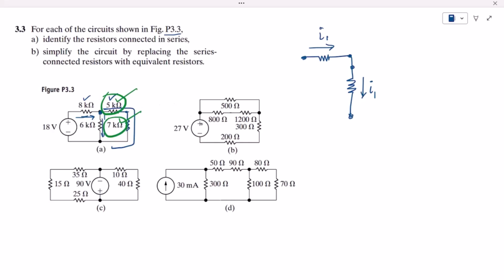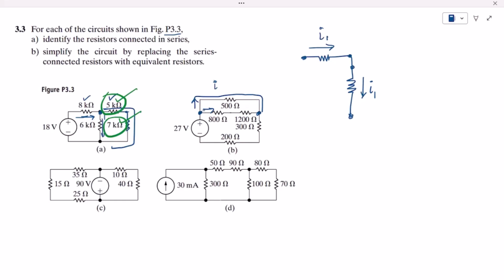In P3.3b we can see that this is the source, and the current will be divided here through this one and this one. This current will be flowing through this 500 and will come back here. So the same current which is here is not flowing through the other resistors as well.